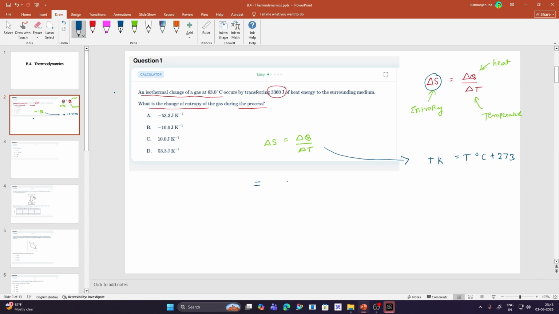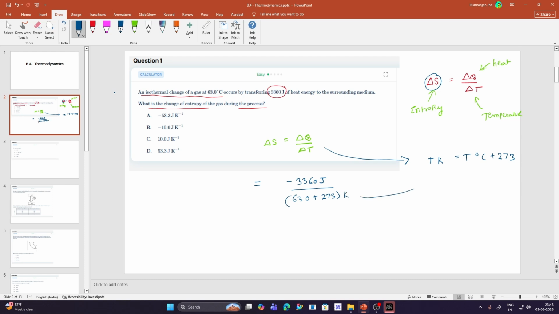So delta Q can be written as minus 3360 joules, while delta T is the temperature. The temperature is given to be 63 degrees Celsius, so it will be 63.0 plus 273. So we have to convert Celsius into Kelvin.